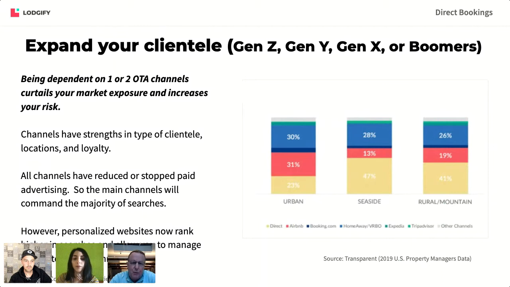So having your own website becomes very important because not only does it allow you to get that additional visibility and maybe reduce the commissions cost, but it also gives you a lot more opportunity and flexibility to manage your cancellation policies because they're your own, and we'll get into that in a little bit. Or your pricing. You can have different pricing structures for long-term stay versus short-term stay. So your own website gives you a lot more flexibility to really try to address each market segment separately.